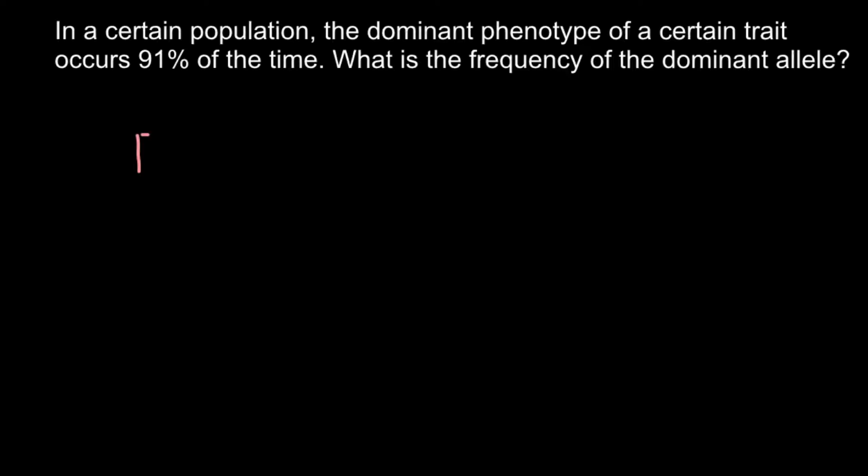In order to solve this problem you have to know the Hardy-Weinberg formula, and here is the formula: the frequency of the three genotypes that can be made by two alleles equals p squared plus 2pq plus q squared, and all this equals 1.